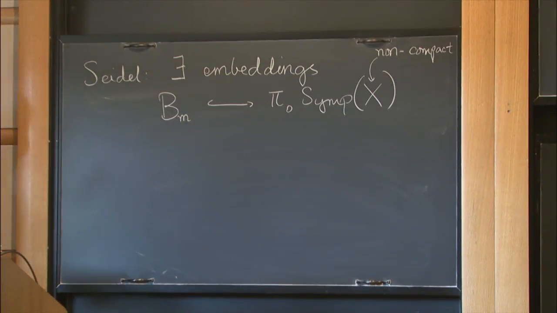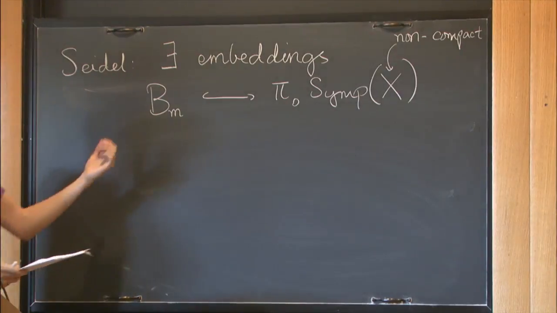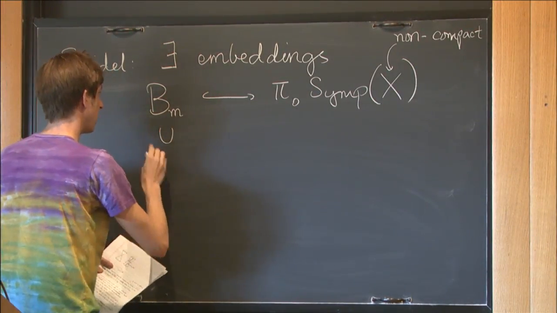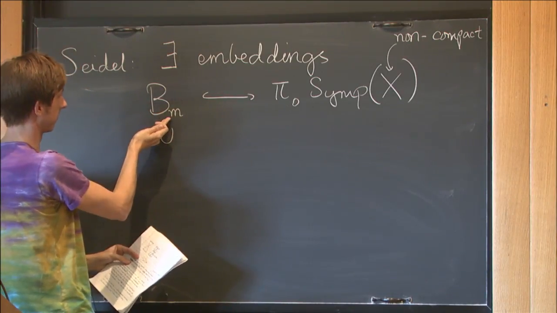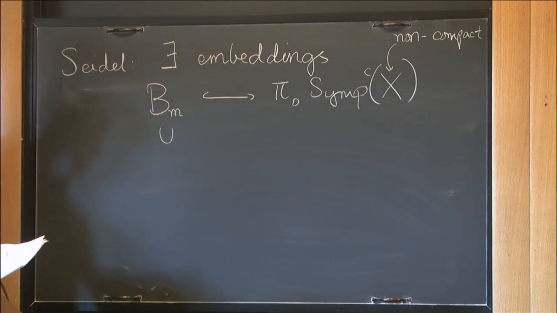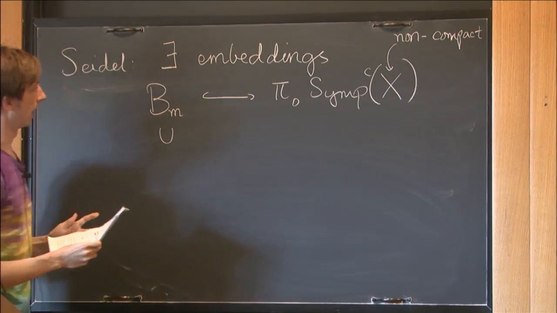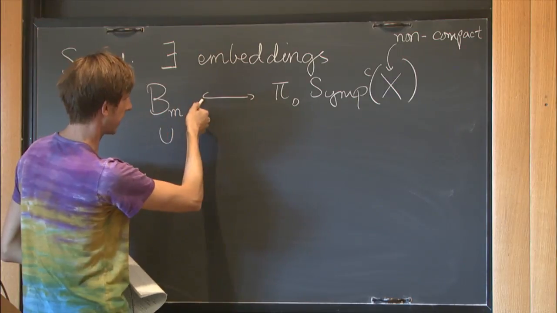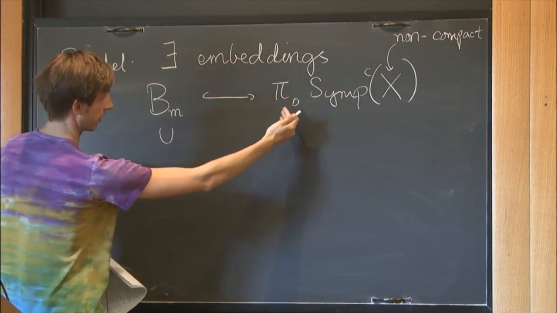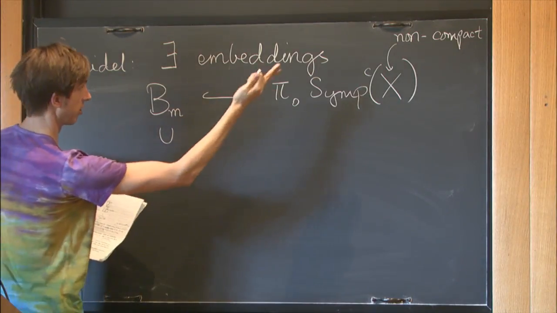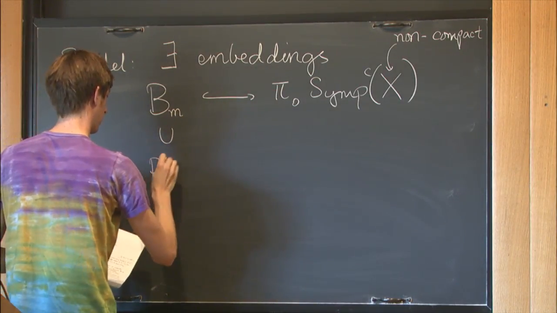So there are interesting things we can find inside this symplectic mapping class group using monodromy and in particular Dehn twists. We can find copies of the braid group embedded inside the compactly supported symplectic mapping class group of certain non-compact symplectic manifolds.